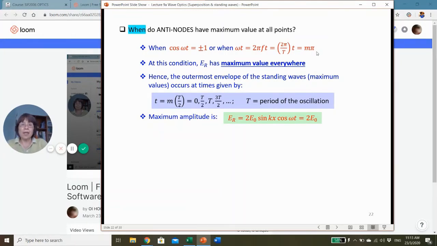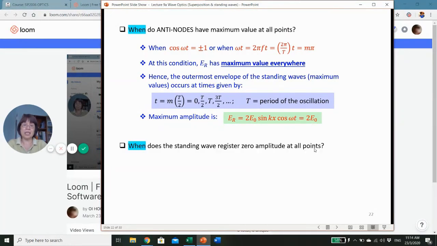So at this condition, the amplitude would be maximum everywhere. This occurs when t is equal to, pi cancels, m T over 2. So it occurs at every half period of oscillation. And then the maximum amplitude would be equal to 2E0.